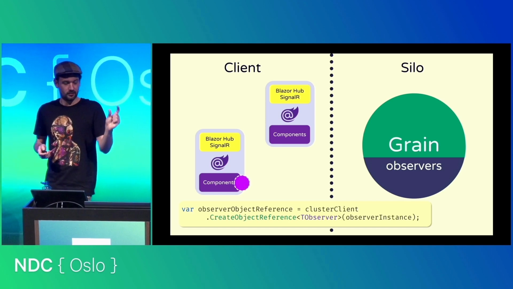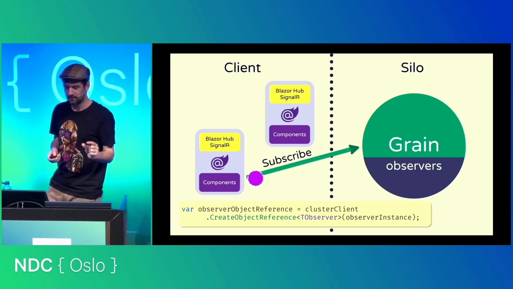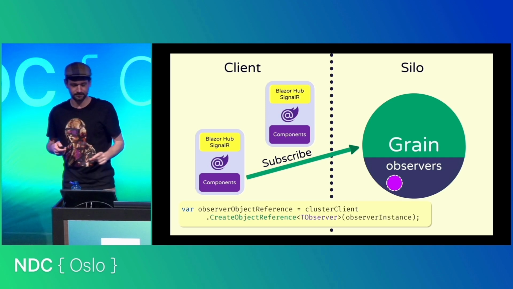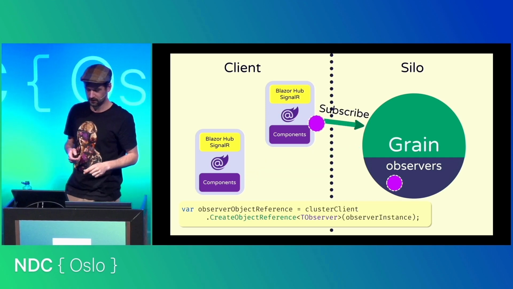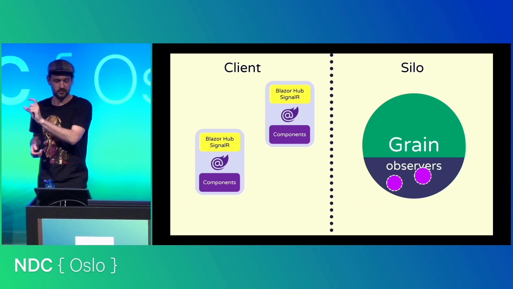Then we have this reference, and we can pass it to our grain, put it in memory over there, and basically add the components as observers to our grain.